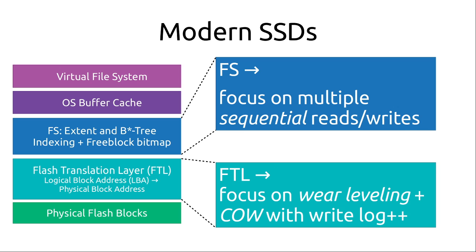Your file system thinks that it's writing to the blocks on the disk, but of course, we've seen this trick before. There's a level of indirection that translates those logical block addresses into the actual physical block addresses. And at this level, the flash translation layer's job is to try to do wear leveling, write leveling, and try to minimize the number of erasures that need to happen in the system, right?